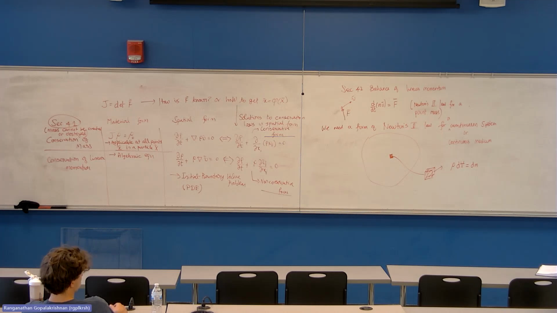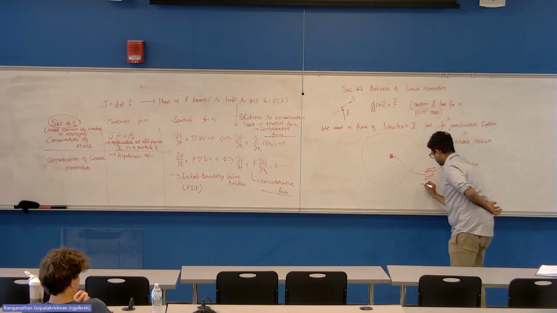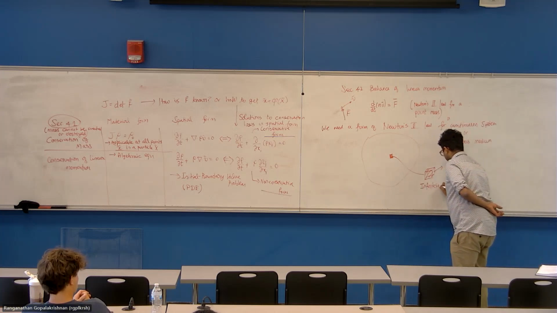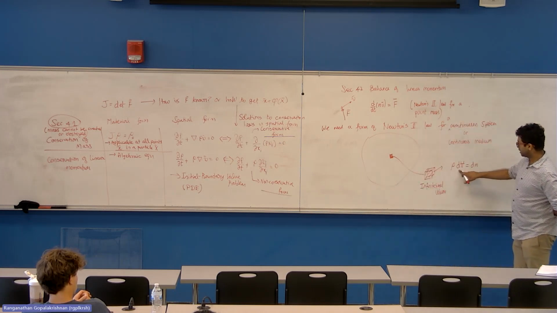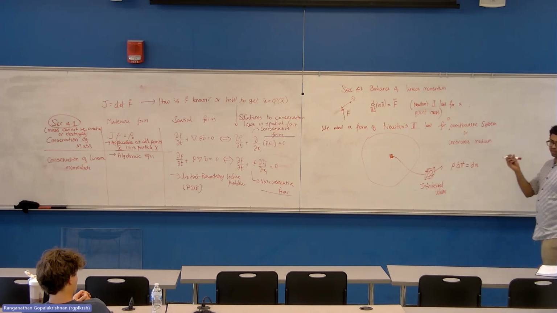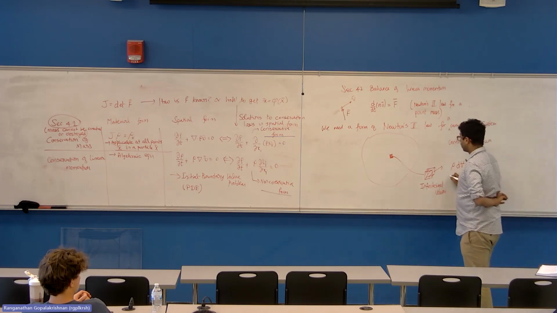Basically taking a piece of metal, taking a small portion, which we call an infinitesimal volume. And if the local density is rho, if you multiply density times dV, you get the mass of that little element.